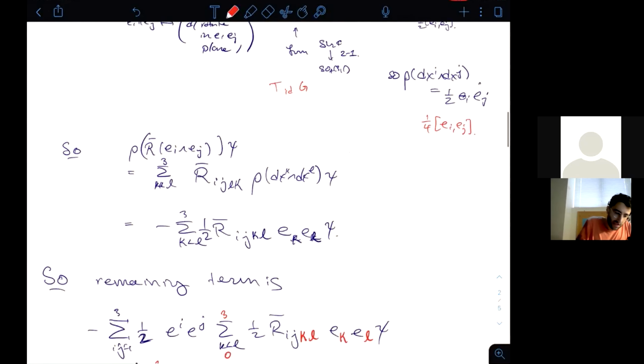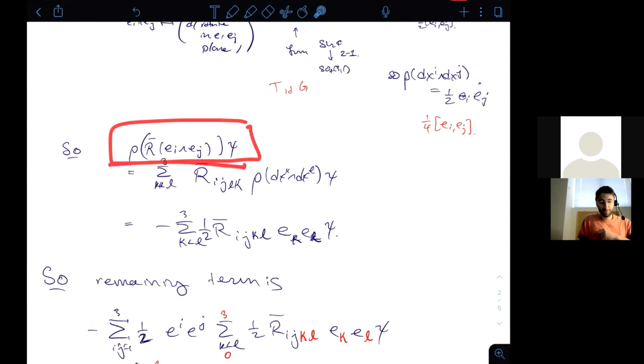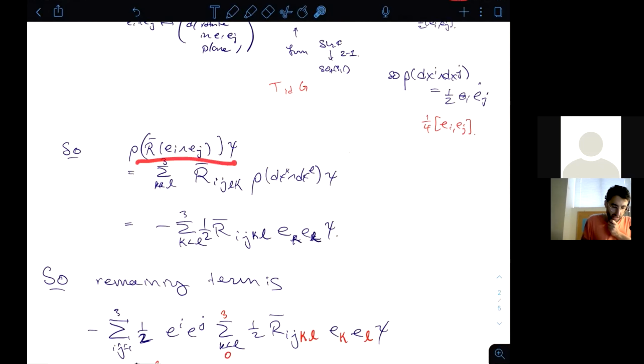Okay, so continuing on, here we go. We wanted to understand this term, the action of this piece of the curvature endomorphism acting on a spinor.